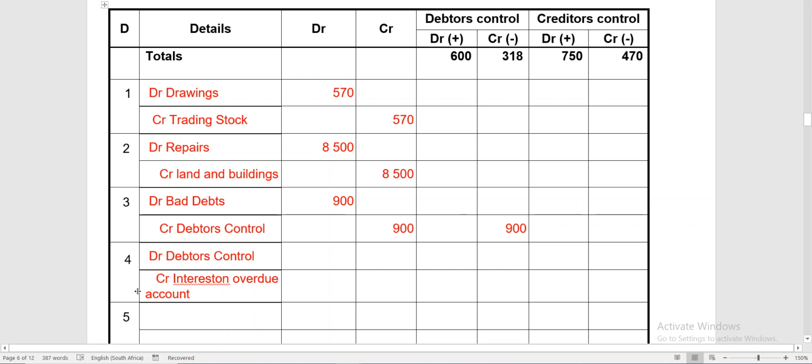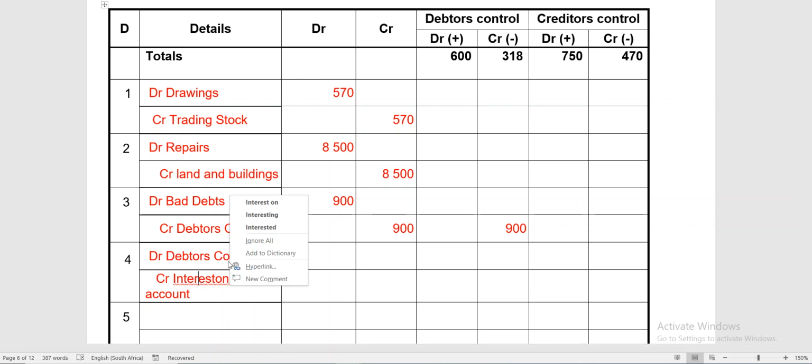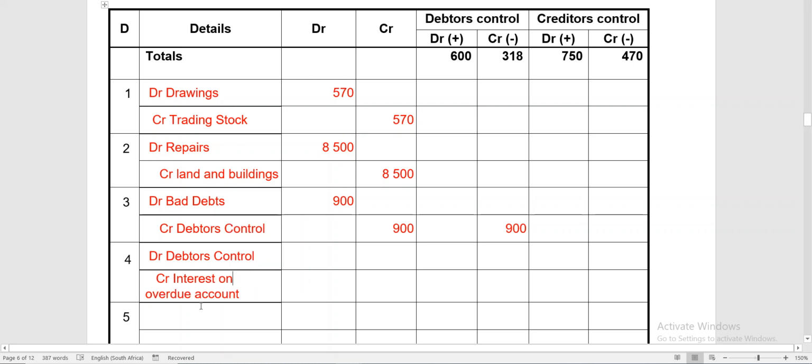So it's very important that you write this properly in a way that you are going to do the adjustments. Okay, so we are saying that his interest on overdue account will increase by that 30 rand. So on the debit side here we'd have 30, and then on the credit side here we'd have 30.